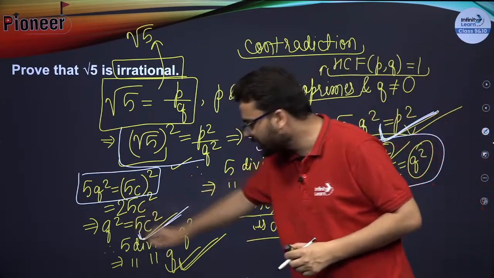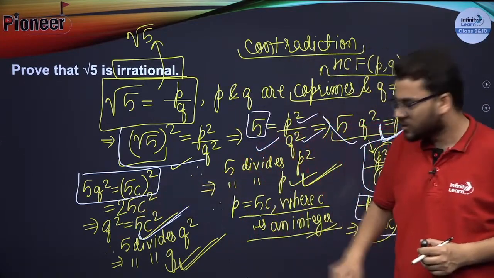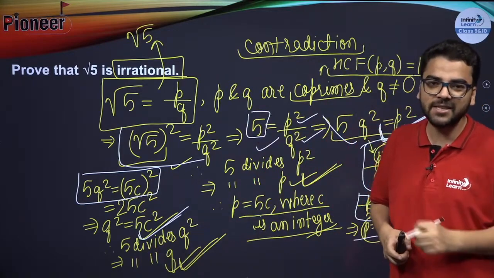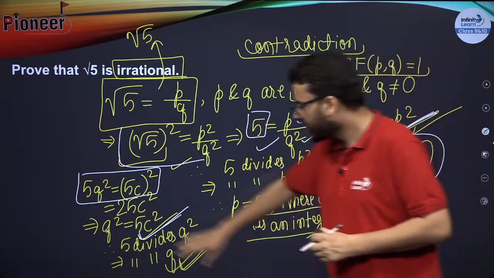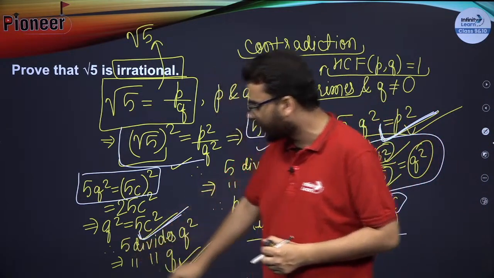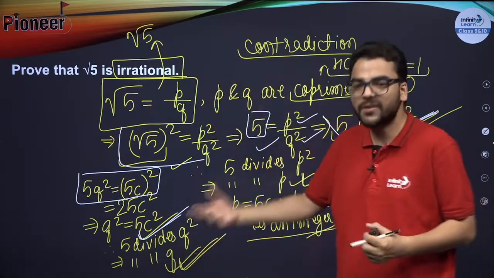Now again what does it mean? We can say that 5 is a factor of Q square. So 5 is a factor of Q as well. This property we have studied in this session itself, that if a prime number divides the square of something, then 5 divides Q square, so 5 is a factor of Q as well.